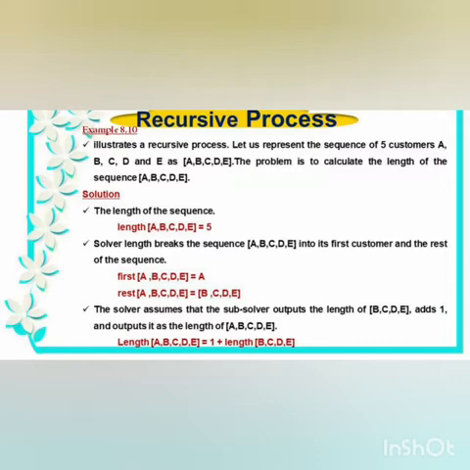So, here the first customer is A and the rest of the customers are B, C, D and E. Here, the solver assumes that the subsolver outputs the length of B, C, D and E. First, we have to find out the length of B, C, D, E, then add 1 and produce the output, which will be the length of A, B, C, D and E.